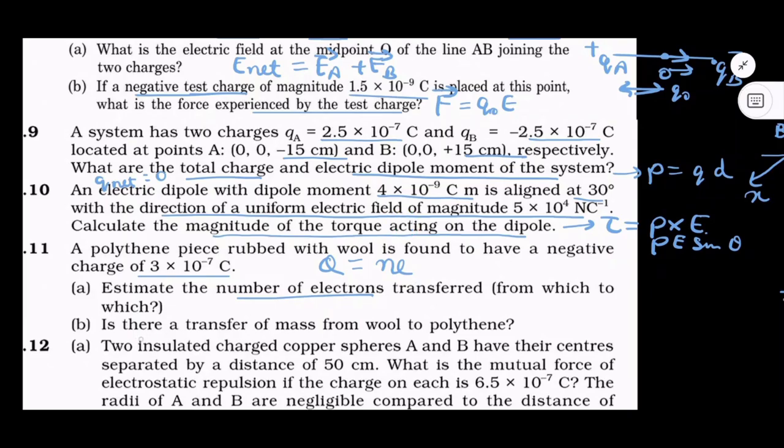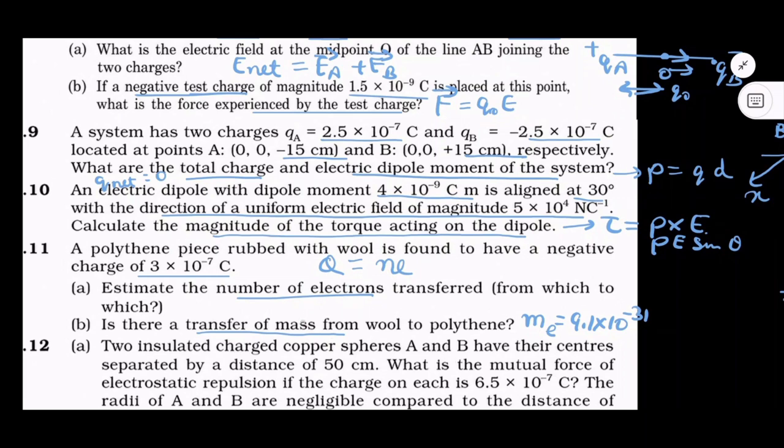Now they are asking, is there a transfer of mass from wool to the polythene? Think about whether mass is transferred, given that a number of electrons are transferred. The electron has a mass of 9.1 into 10 raised to power minus 31 kg.